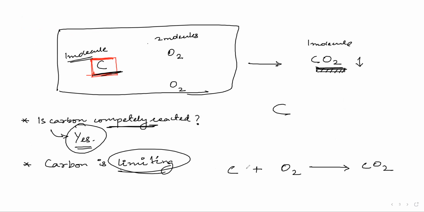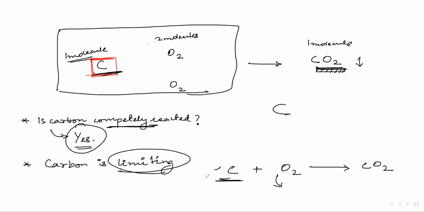Now, if you see this reaction, the number of molecules of oxygen we have, that much carbon dioxide we would be getting, right? But in our reaction, oxygen was not determining the amount of product. Carbon was determining it, because carbon had one molecule, even when we had two molecules of oxygen.